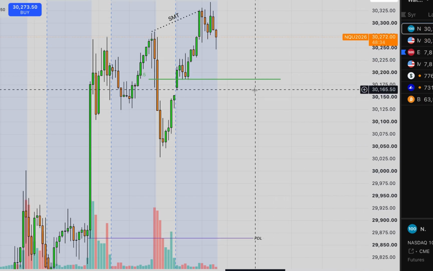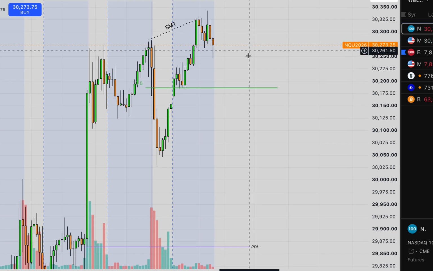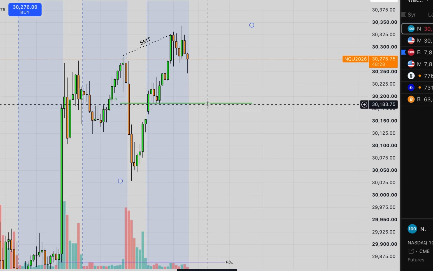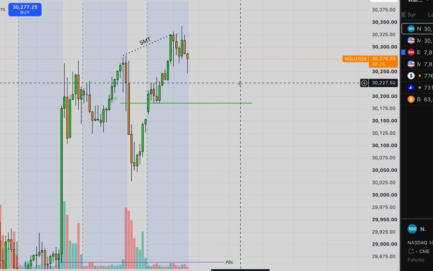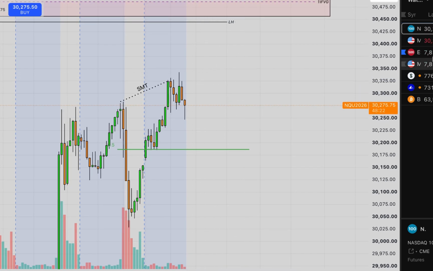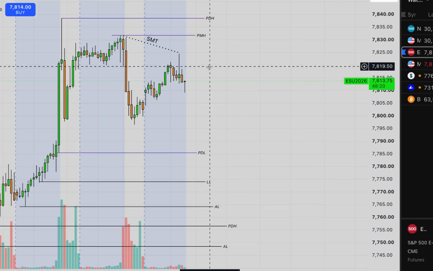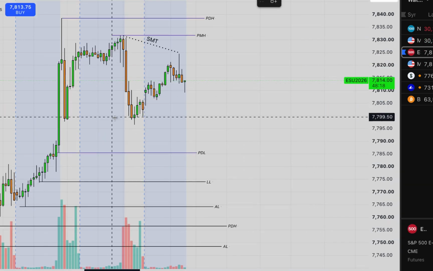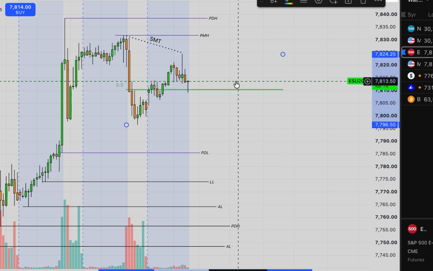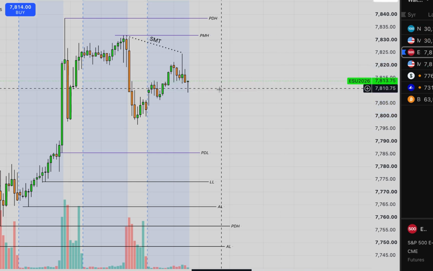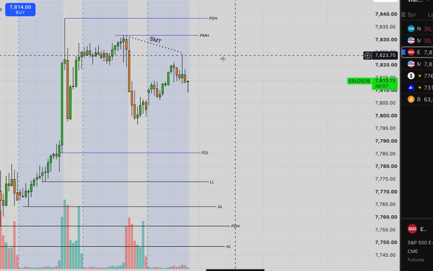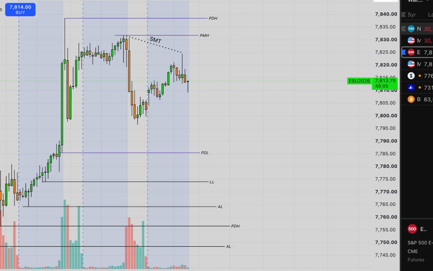If the market wants to come down today, we will take it down to this 50% retracement in the morning and possibly look for an inversion to start taking out these highs again. Same with ES. If it wants to come down to this 50% retracement, which it is now, and we're getting a rejection off of that, then we can head towards these all-time highs again.